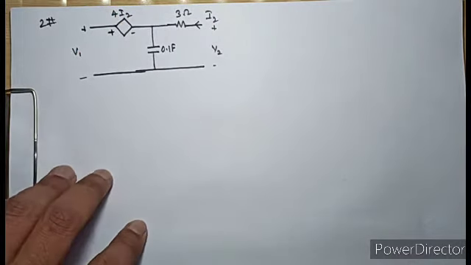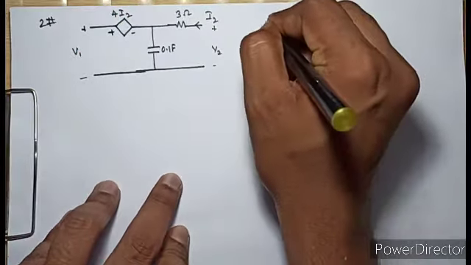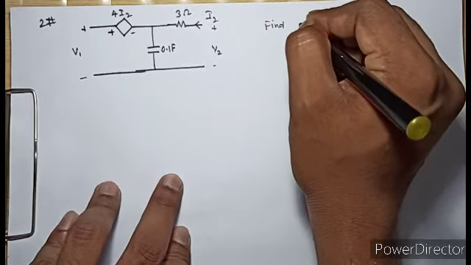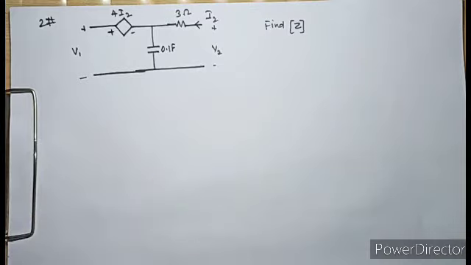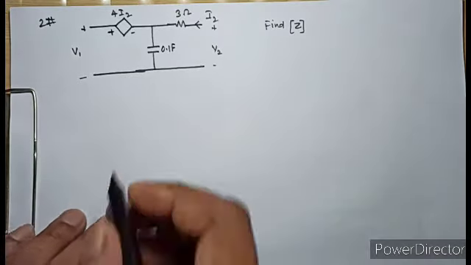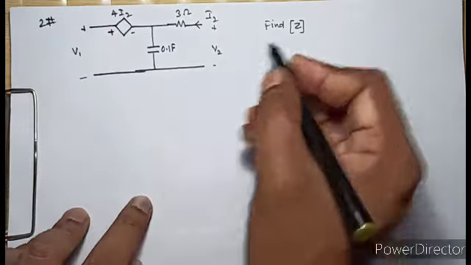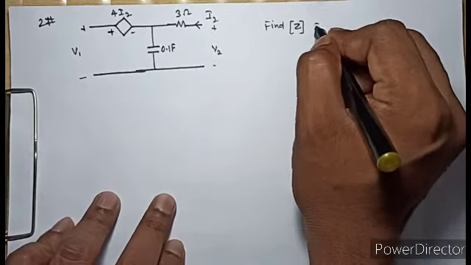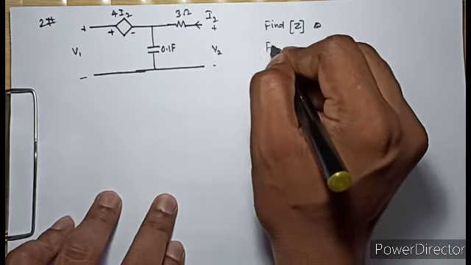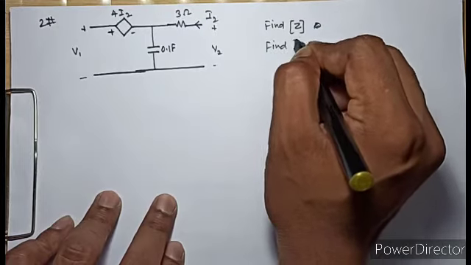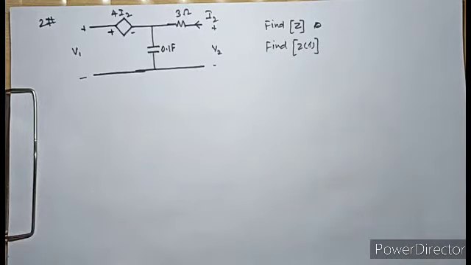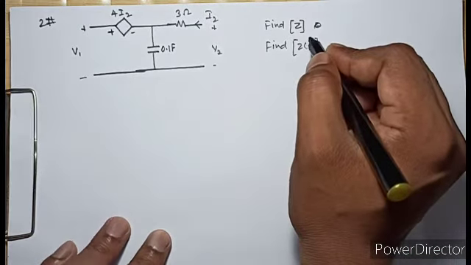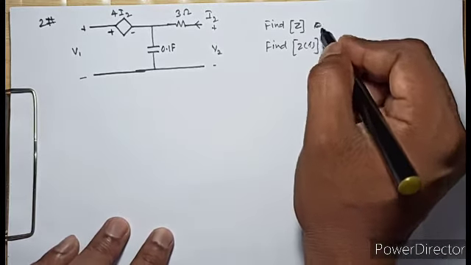Right, the question is find Z parameter. Basically the question is find Z parameters as a function of S. Means we have to find the Z parameter in S domain.